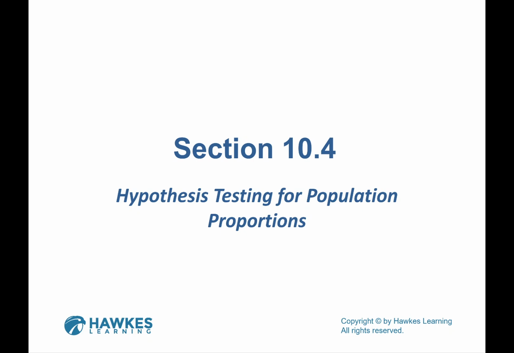The only thing that's different in this section is that instead of dealing with means, we're dealing with proportions. 90% of the hypothesis testing that we're doing is going to be just like the other sections, especially this one's a little more similar to 10.2 than 10.3. We do have just a little bit of a tweak we've got to make.